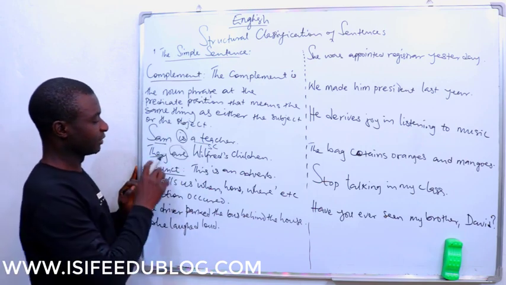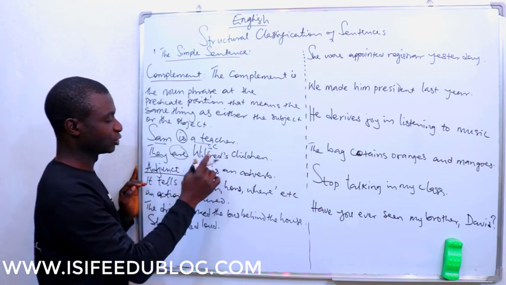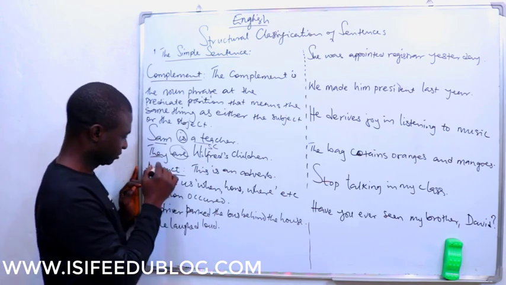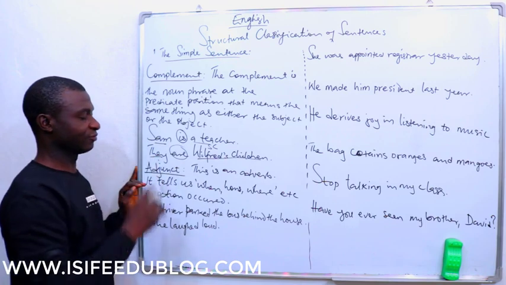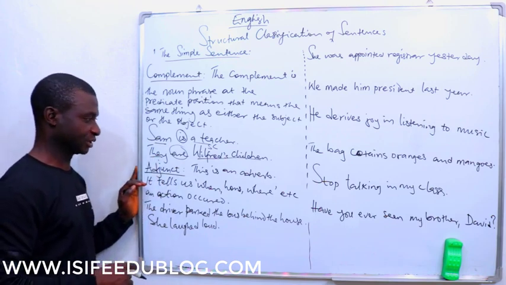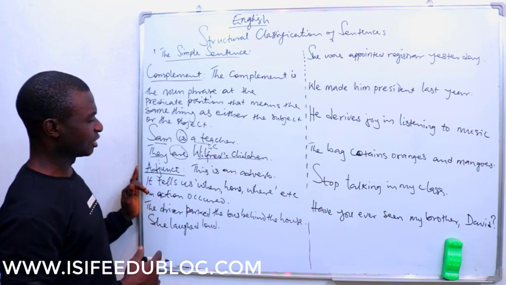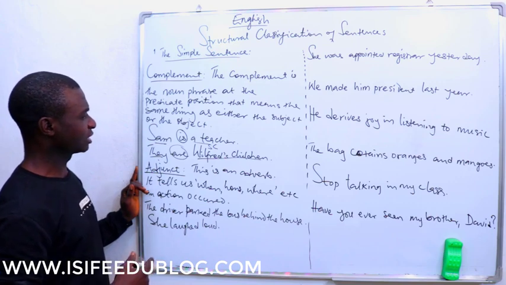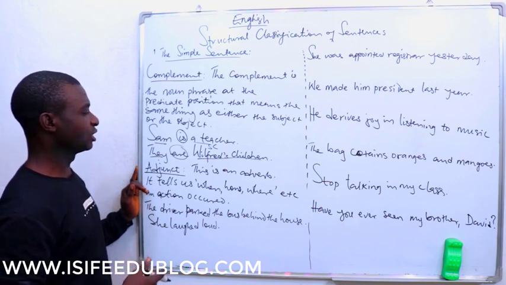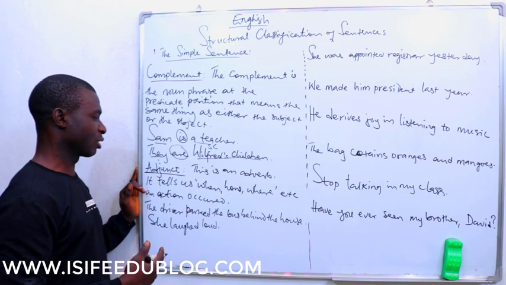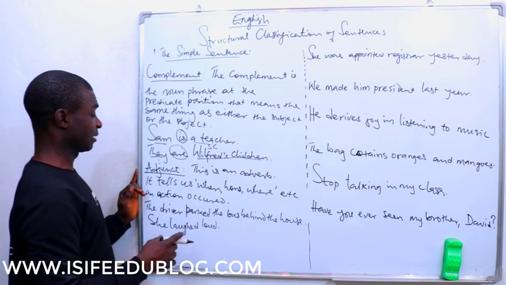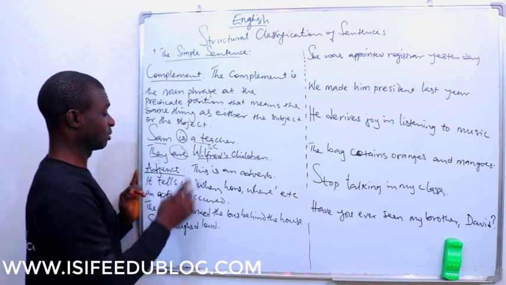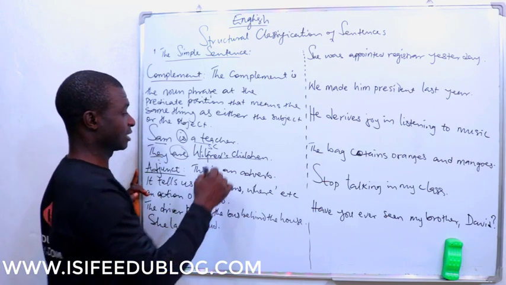They are Wilfred's children. So who are Wilfred's children? They. Wilfred's children and they refer to the same persons. Now, we said the complement could be subject complement or object complement. The two examples we have exemplify subject complement.